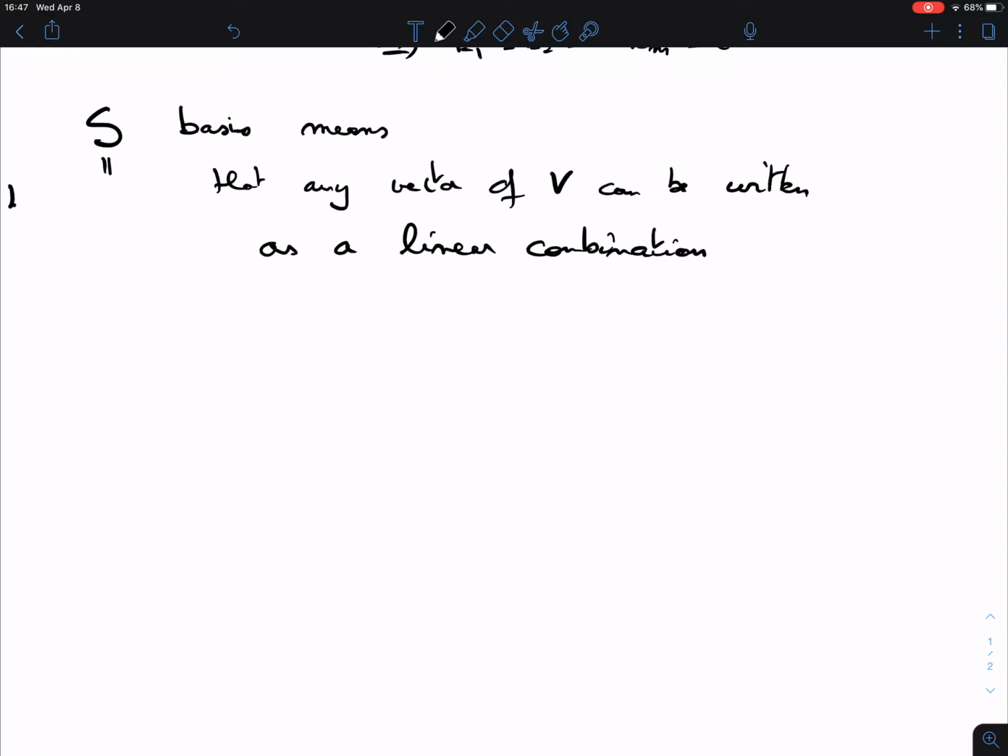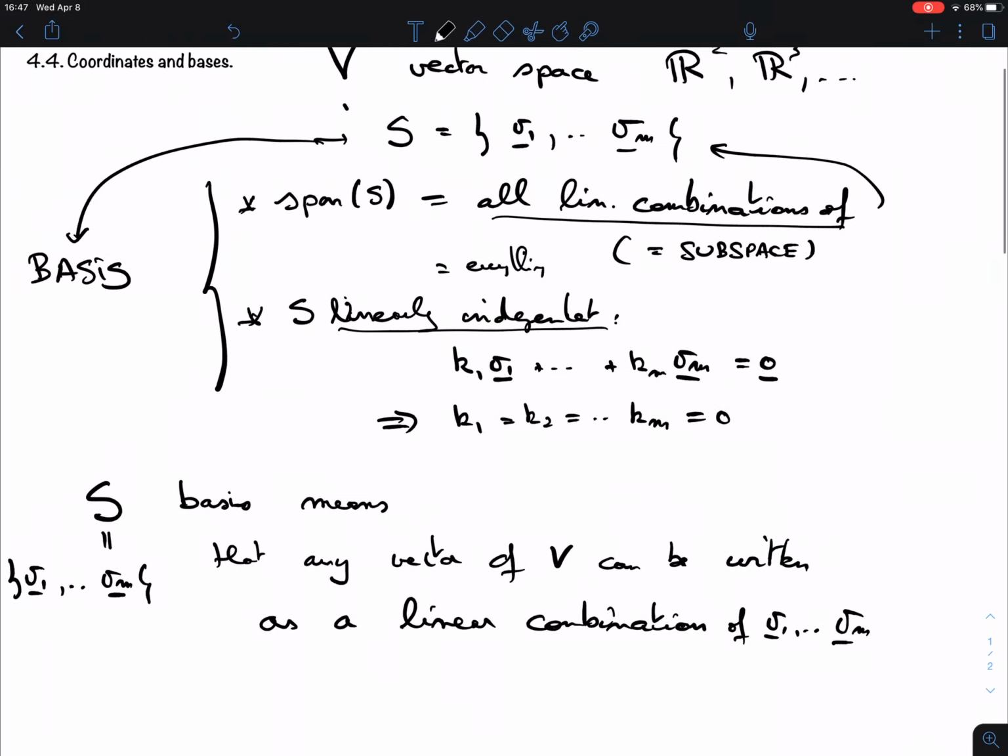So again, my vectors were V1 to Vm. I'm going to do concrete examples shortly so that you see what I really mean here. Linear combination of these vectors in S. So that's what I'm saying now, that any vector of V can be written as a linear combination of these vectors. That's saying here that the span is everything, right?